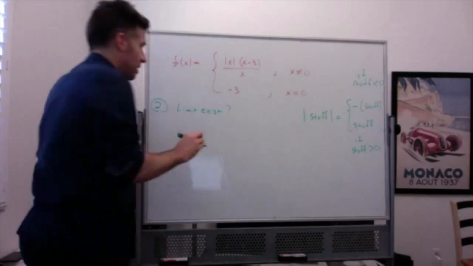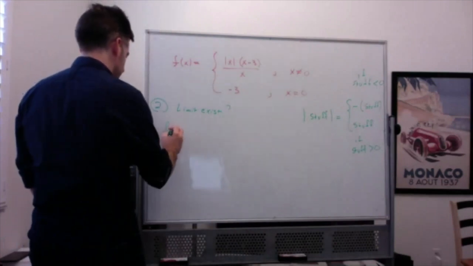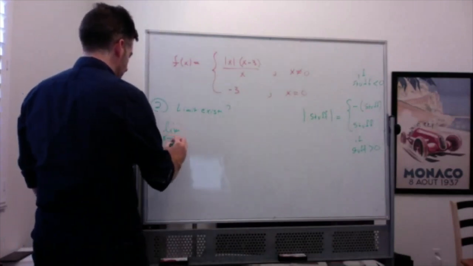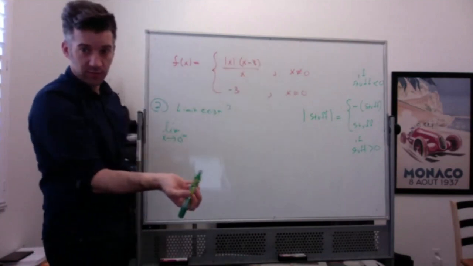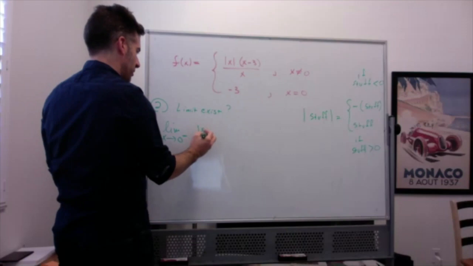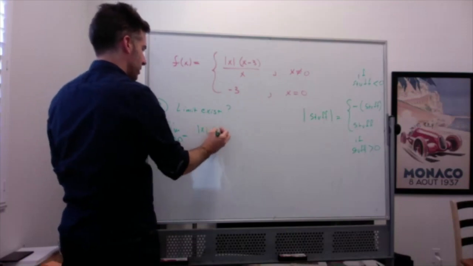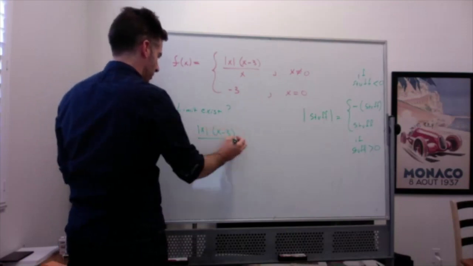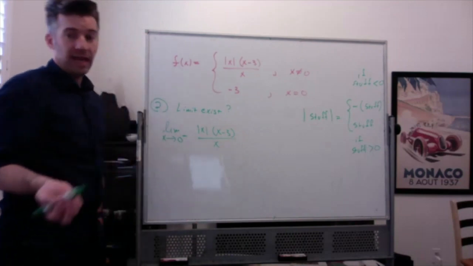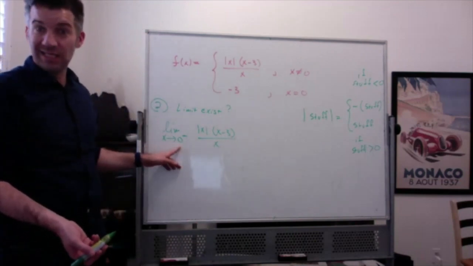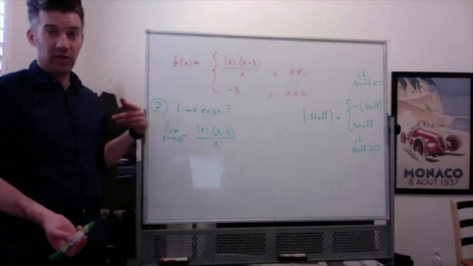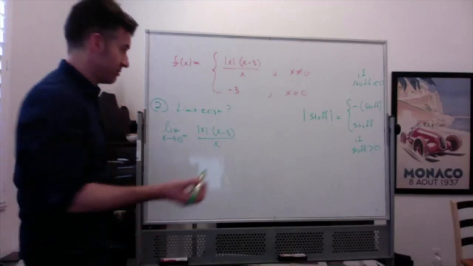So if I'm going to look at the limit as x approaches 0 from the left, I'm definitely using this piecewise function. So it's the limit as x goes to 0 of the absolute value of x times x minus 3 over x. But now, since x is negative, we are left of 0 or less than 0, that means the absolute value of x is negative x.